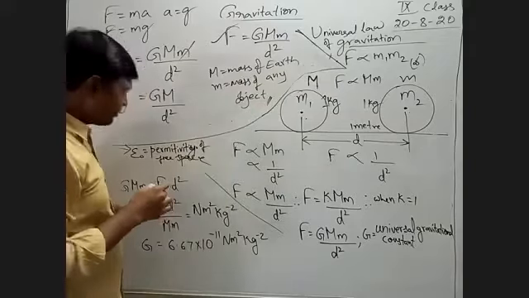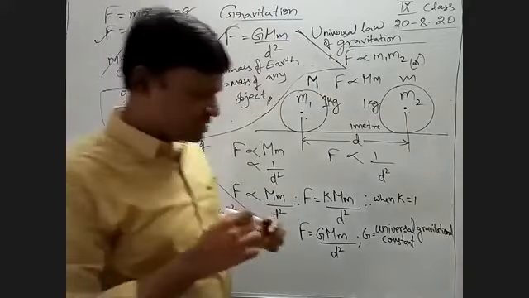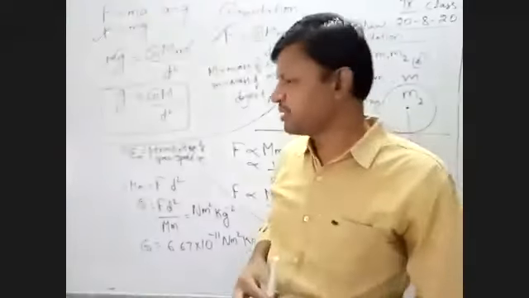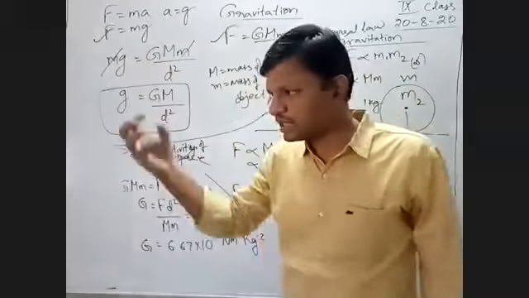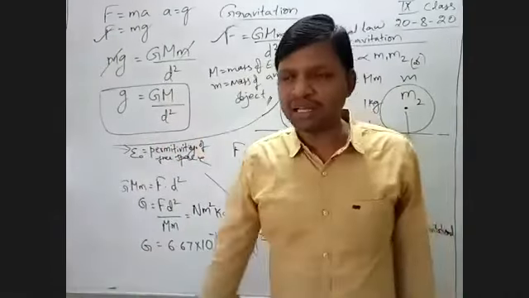That means finally this is the relation between acceleration due to gravity and the universal law of gravitation. That means any object, irrespective of the mass, is attracted towards the earth with the same value, that is 9.8 meter per second square.